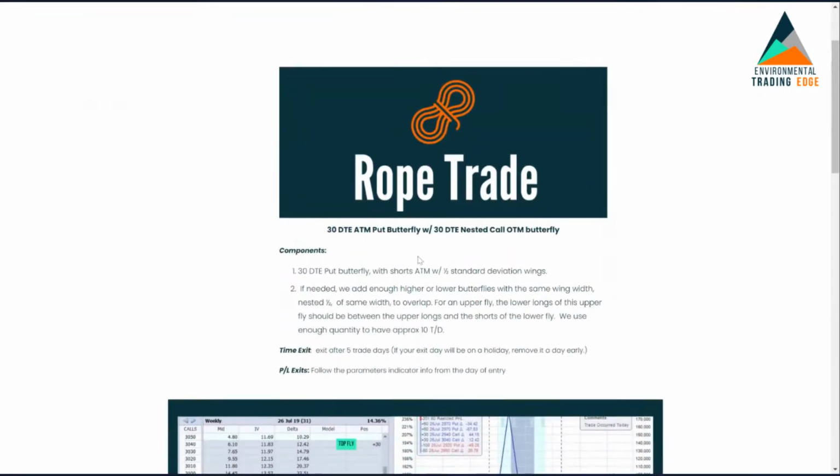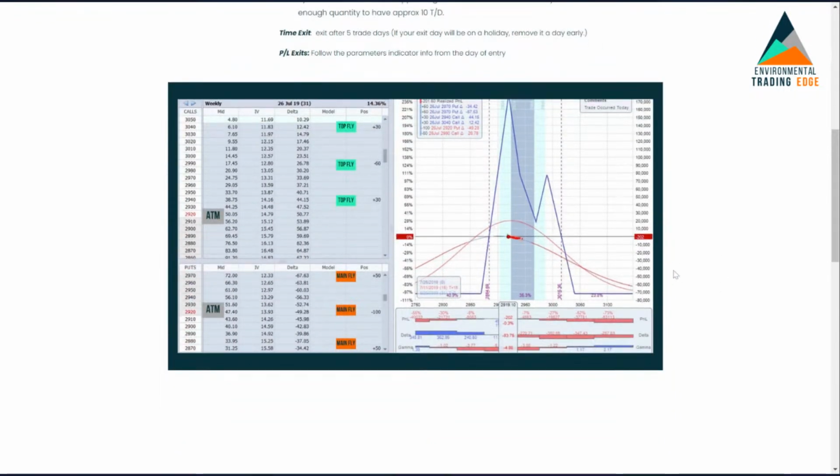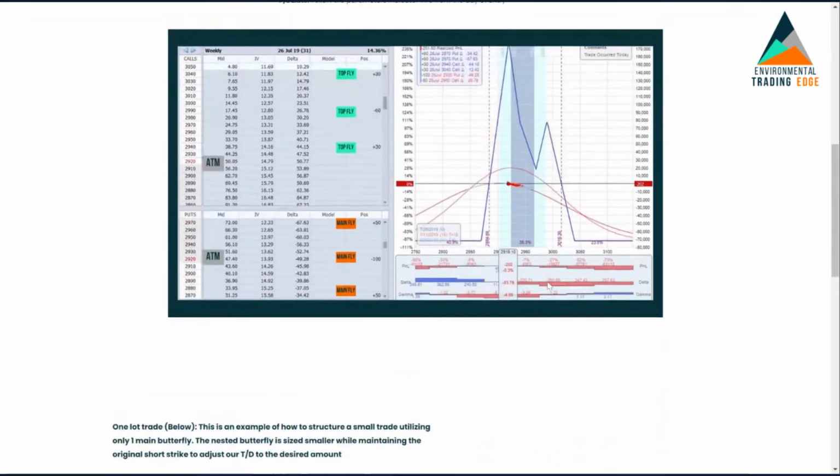It's one of those trades that has a nested butterfly, but of course its nested butterfly can be on both the higher and the lower side. It just depends on what's going on in the options market. What a nested butterfly is, just to clarify, is that this lower long is halfway between the upper long and the short of the lower butterfly, right? So your call butterfly is nested inside of this ATM butterfly. That's what is meant by nested.